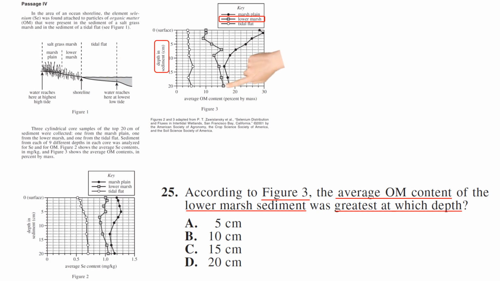And so at what depth does that occur? At a depth of 20. Be really careful that you don't pick the average content. If you weren't paying attention, you might choose a little over 15. That's not what it asks. It asks the depth, so depth of 20. A lot of students missed this question.